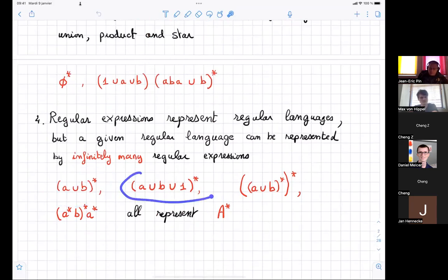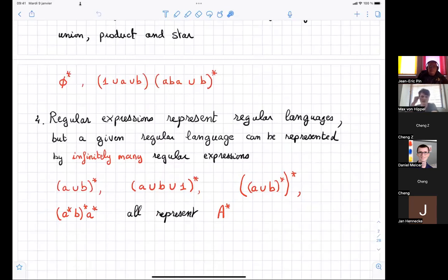This is another one. This is the third one, where I have these nested stars. This one is a little bit more sophisticated, but it still represents the language A star. So every word can be written in this form.